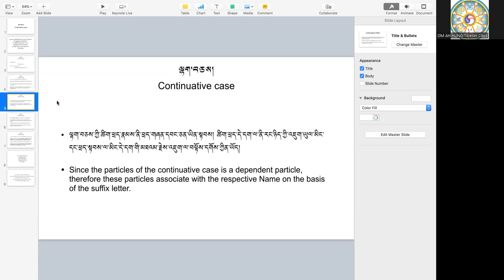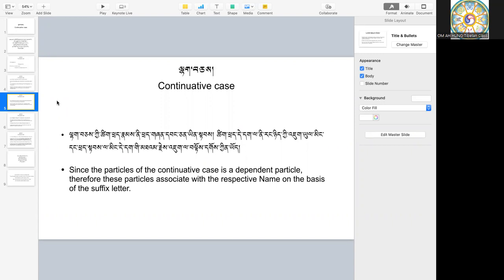Now, how to get... the particles of the continuative case are dependent particles. What do we mean by dependent particle?